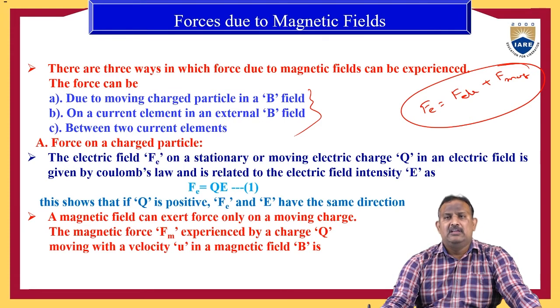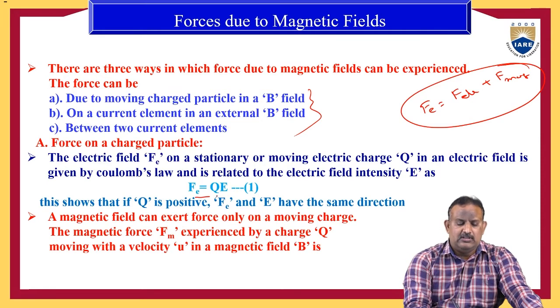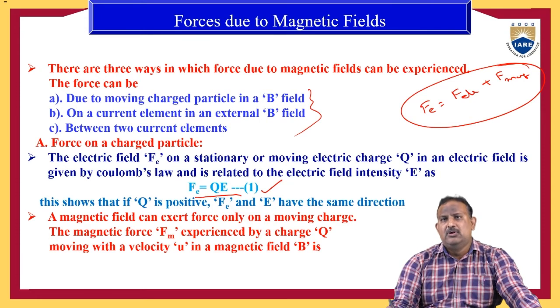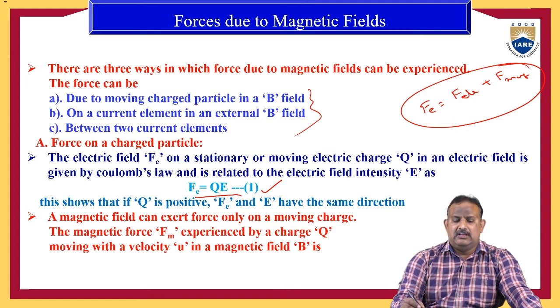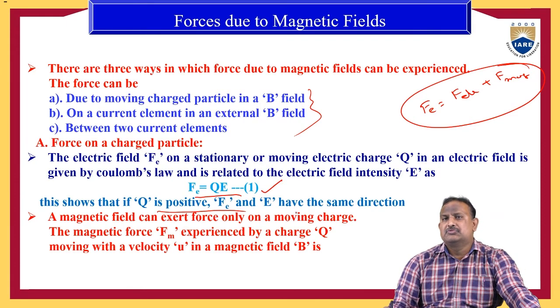The electric force Fe on a stationary or moving electric charge Q in an electric field is given by Coulomb's law: F is equal to QE, where Q is the charge and E is the electric field intensity. From this equation we can conclude that the force is a positive force.